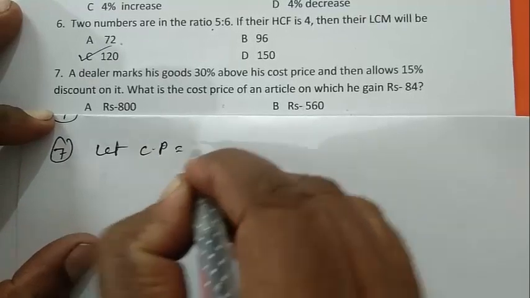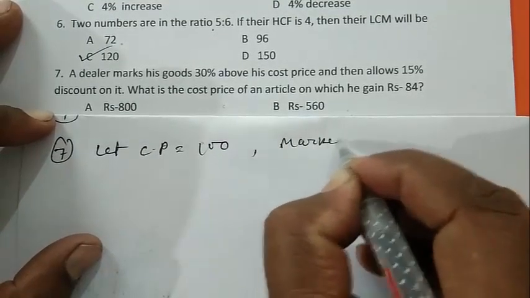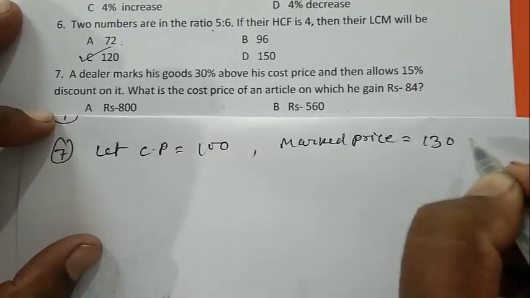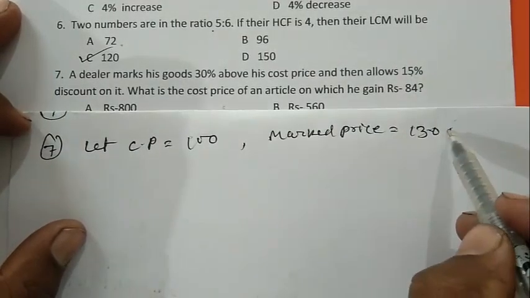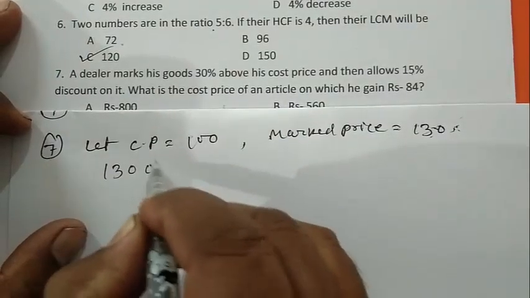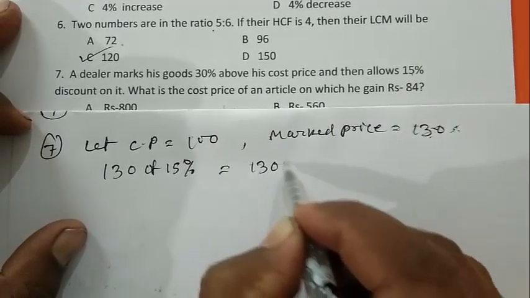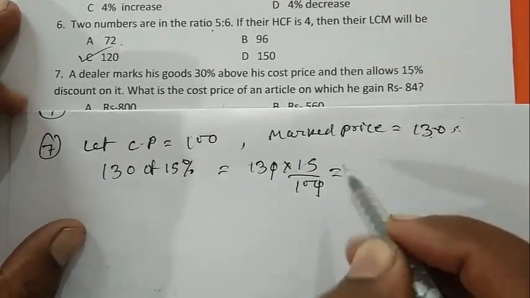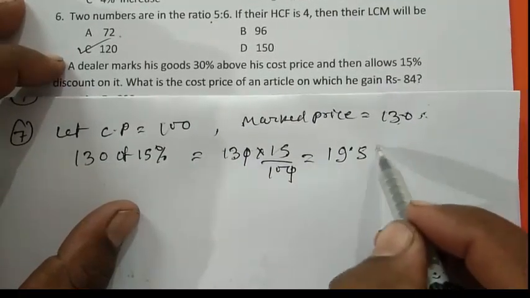Let CP equal 100, then marked price is 130. He gives 15% discount on 130, that is 130 into 15 by 100, that is 19.50.